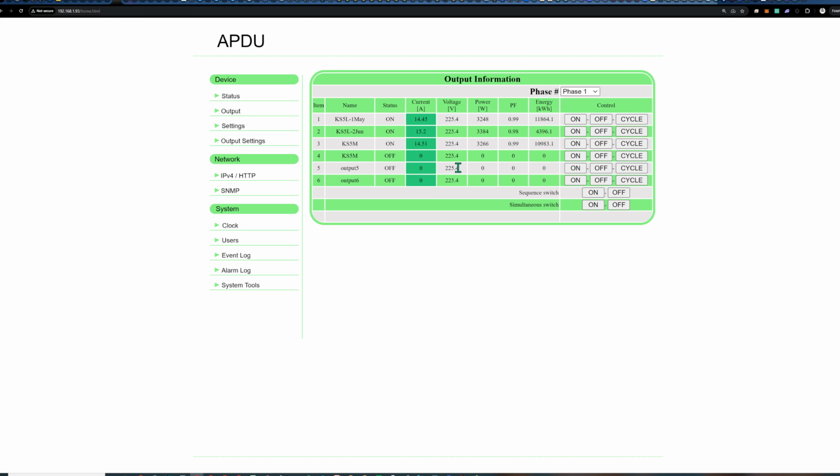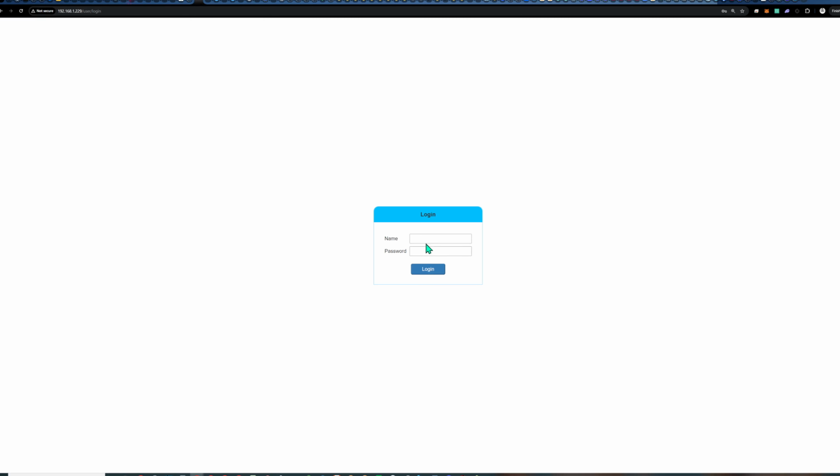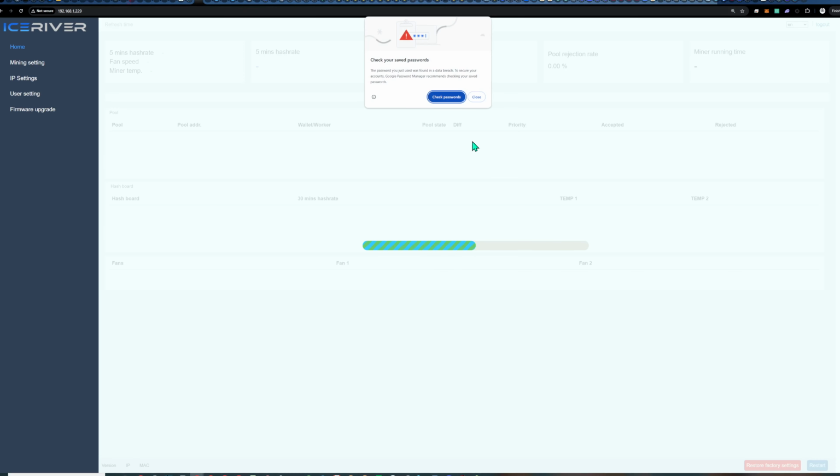Let me see, it came back with 3200, so now it looks like my KS5M board is on. So I don't know what the heck is going on with that board, because it's just turning down. And now when I'm back again, I should get back 15.